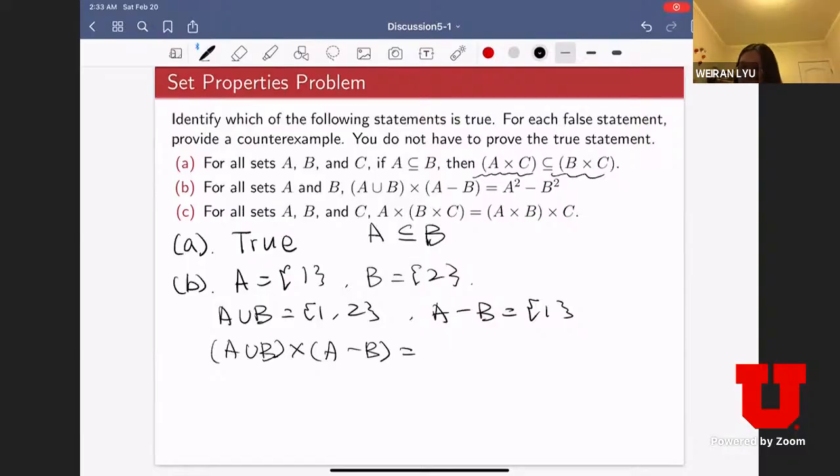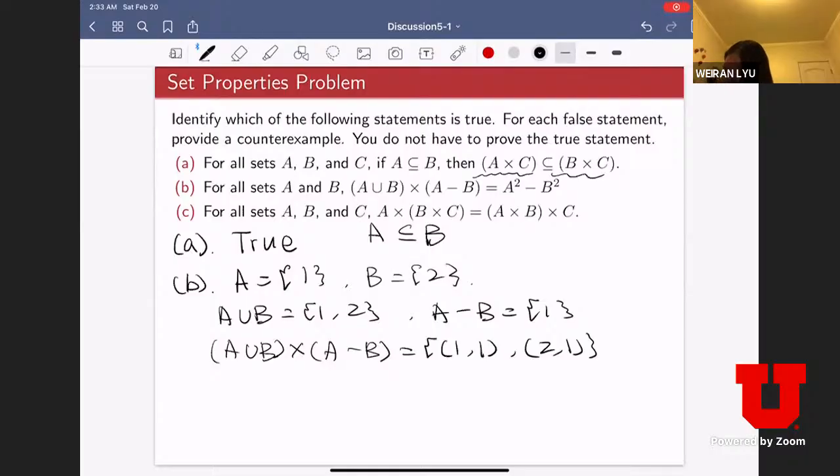What are the outcomes? Wouldn't it be the ordered pairs 1, 1 and 2, 1? Yep, exactly. And the order does matter here, so A union B cross A subtract B is not the same as A subtract B cross A union B.